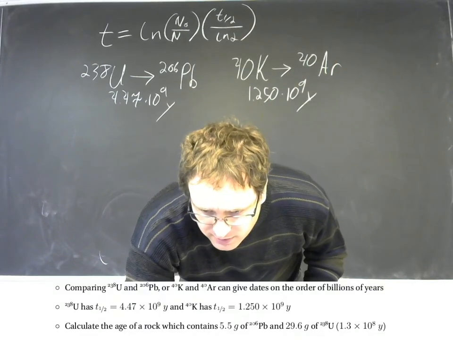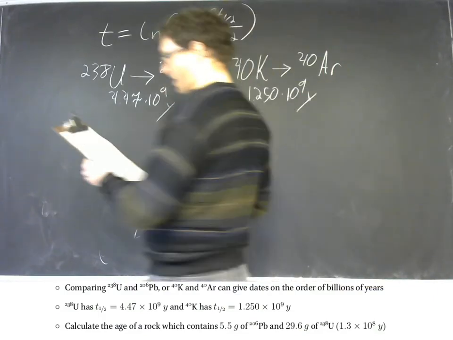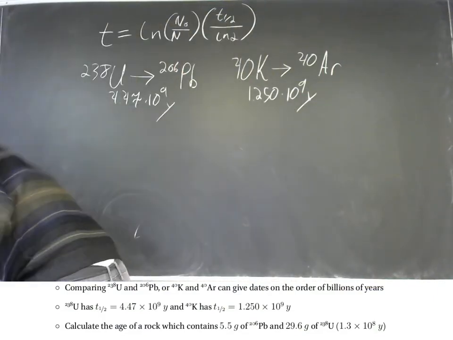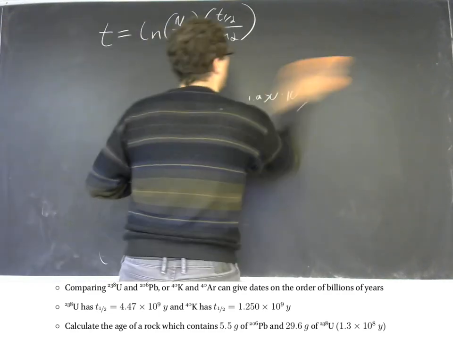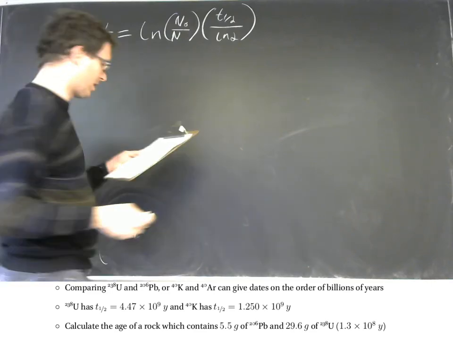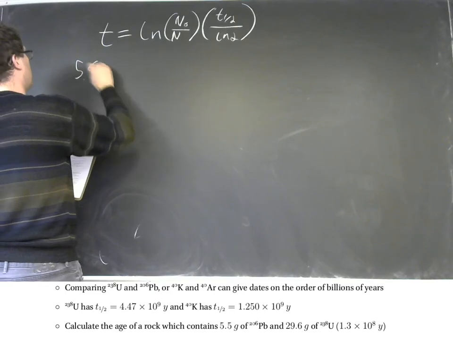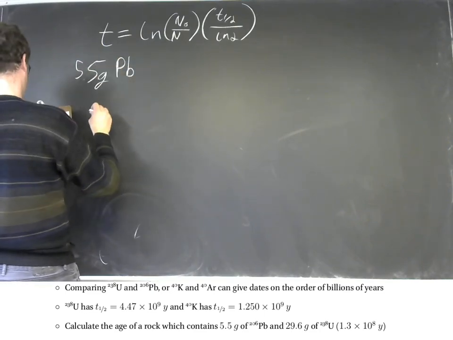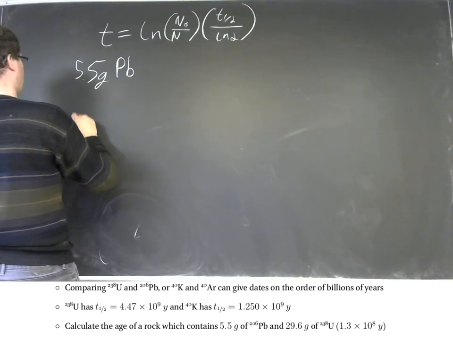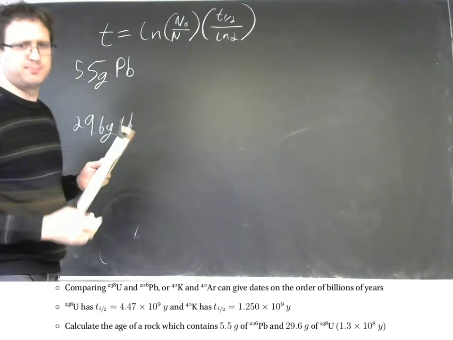So let's look at an actual practice problem. All right, so if we have a rock that is, let me erase some of this actually. Okay, so suppose you have a rock sample and it contains 5.5 grams of lead, and it contains 29.6 grams of uranium.